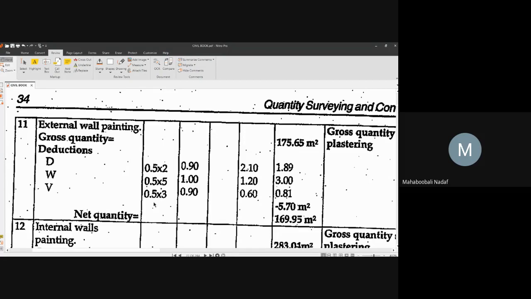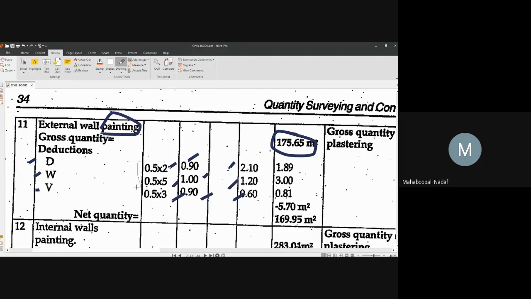I repeat the question. 175.65 is the external plastering. We are calculating for painting, but still you can use the quantity of plastering. In that you have to deduct the openings. What are the openings? Doors, windows and ventilators. These are the schedules and these are the numbers 2, 5, 3. But only one side you are doing the painting.